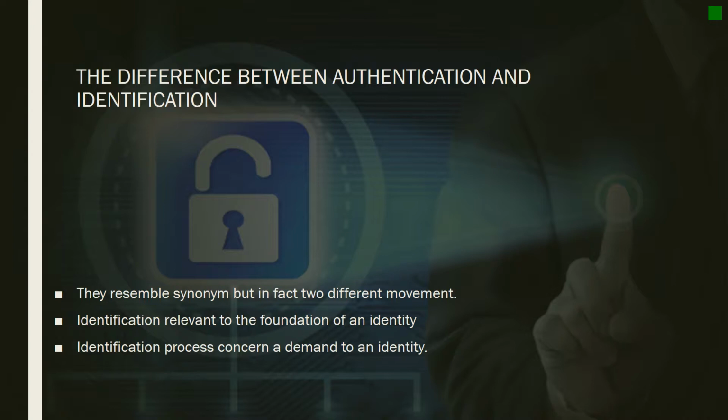The primary difference between them is that identification relates to the provision of an identity, while authentication relates to the checks made to ensure the validity of a claimed identity. The identification process involves making a claim to an identity, whereas the authentication process involves proving that identity.